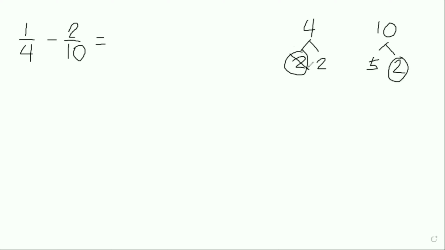Isang side lang ang ika-cancel natin. Meron pa bang ibang magkapareho? Hindi na natin pwedeng gamitin na kapareho nito kasi nagamit na natin tong kapareho nito sa unang 2. Ibig sabihin, wala na tong kapareho na pangalawang 2. Yung mga natira, since wala na siyang kapareho, i-multiply lang natin. That's 2 times 5 times 2.